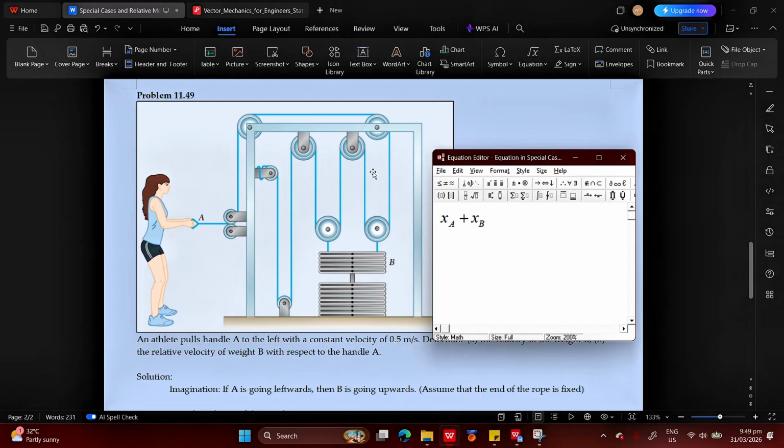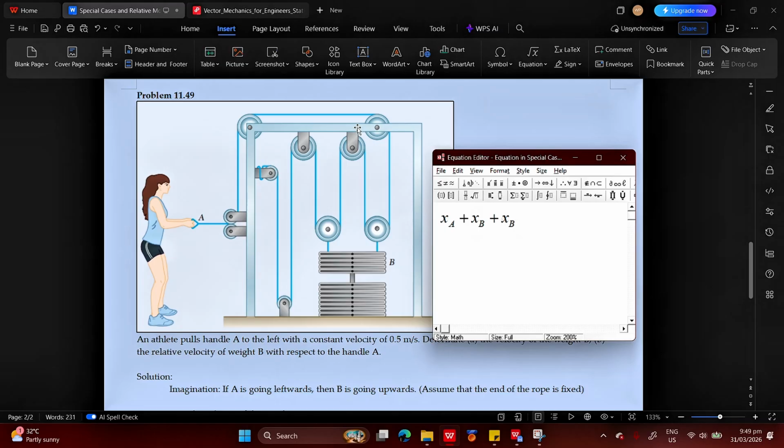And another one, the next rope here, we will still call it X sub B because it is changing because of B. And it doesn't matter if we are reckoning our rope length from the ceiling again. The important thing is that they are changing in length.